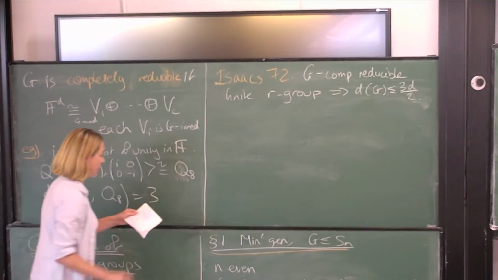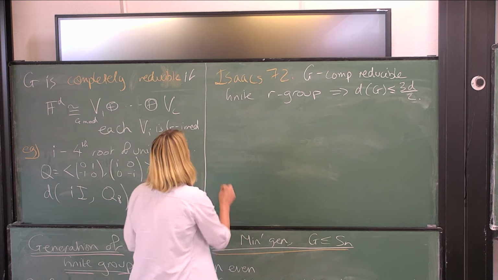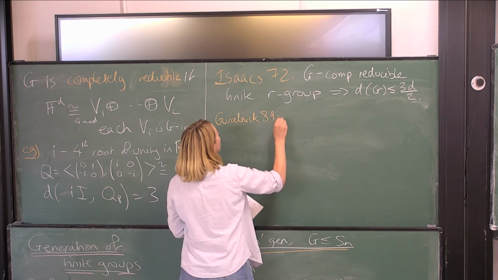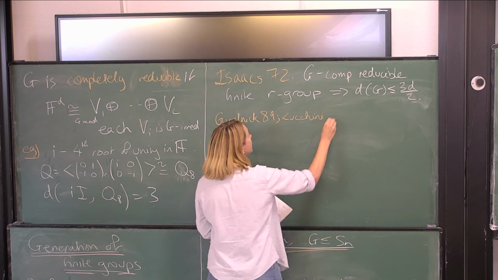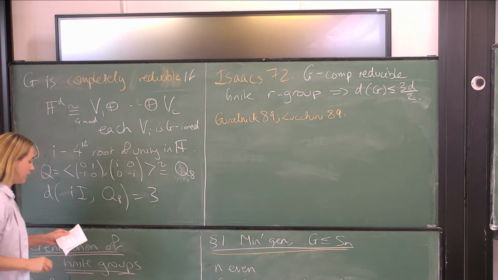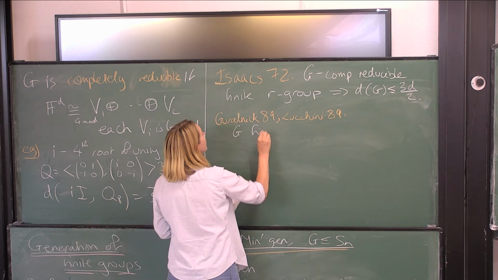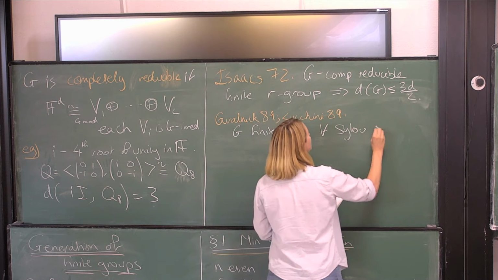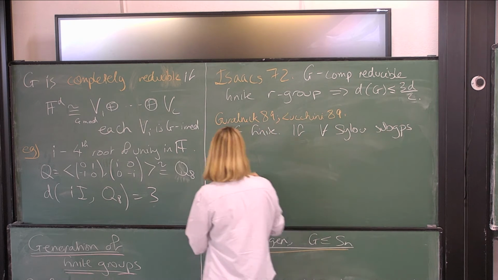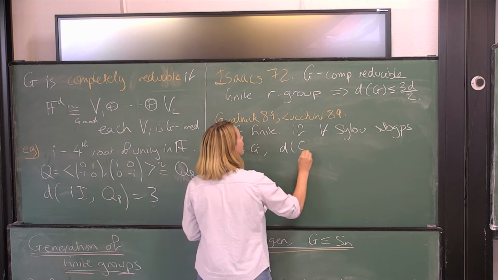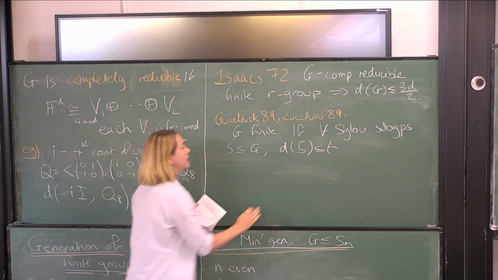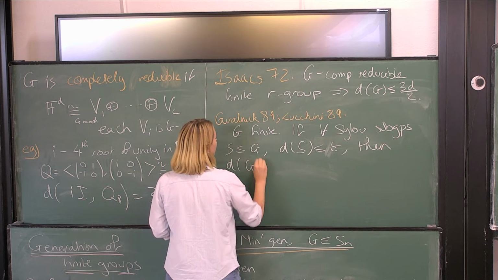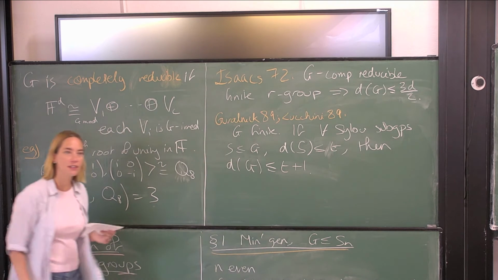So Isaacs proved this, which is lovely, and then completely independently of each other, but in the same year, Bob Guralnick in '89, and separately, here's Andrea's appearance in this section, in '89, proved that if G is finite, and if for all Sylow subgroups S of G, the minimal number of generators of S is less than or equal to some number t, say, then the minimal number of generators of G is less than or equal to t plus 1.